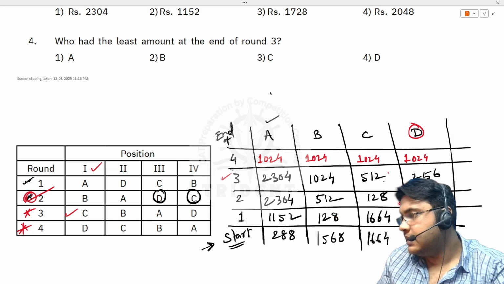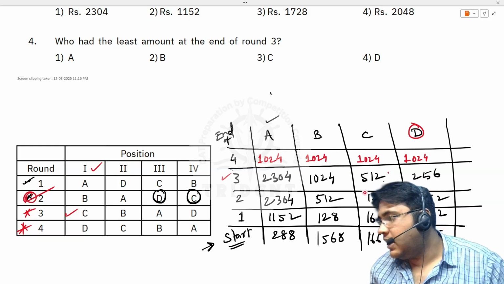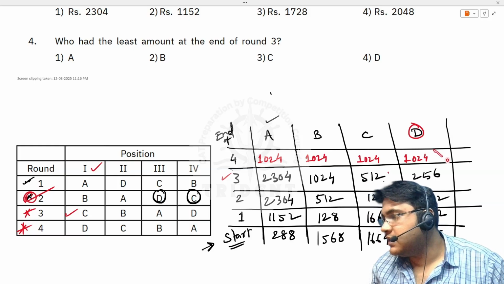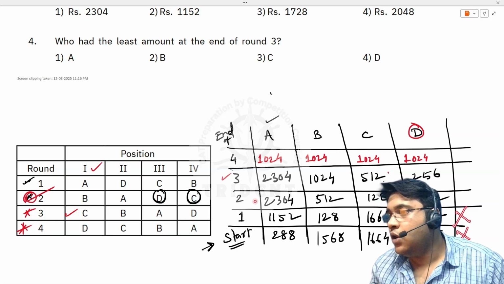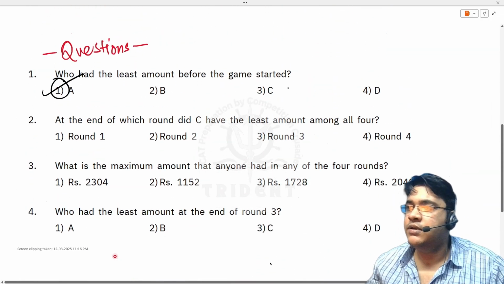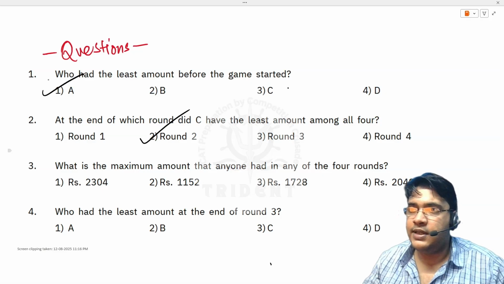C has the least in the second round, right? Because other than that, in all the rounds, this is definitely out. D is least, so this is also out. C is not least over here and definitely not over here. So at the end of round 2, you have the least amount with C.